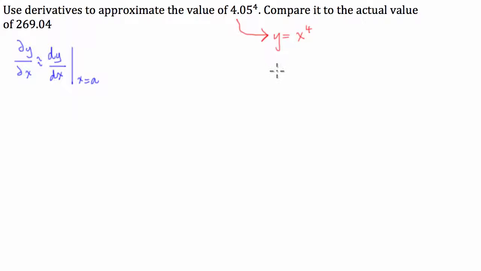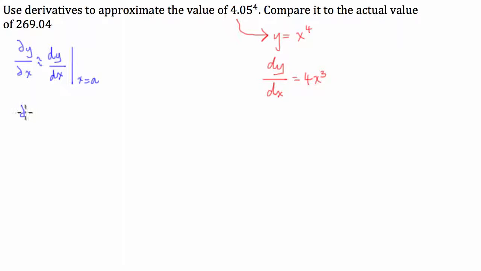So that's going to give us dy/dx. Now I'm assuming you guys know how to mechanically differentiate something. So we've got 4x to the power of 3. So if we were to rearrange this approximation formula here, we're looking for the incremental change in y.